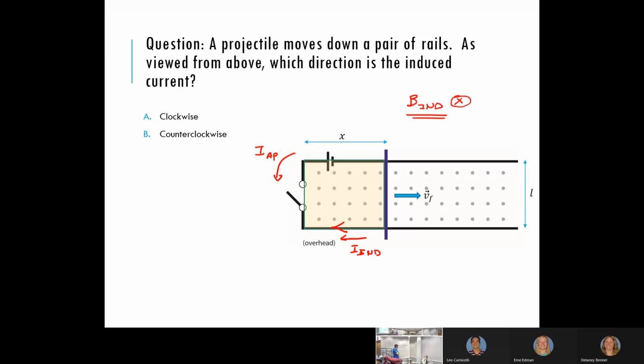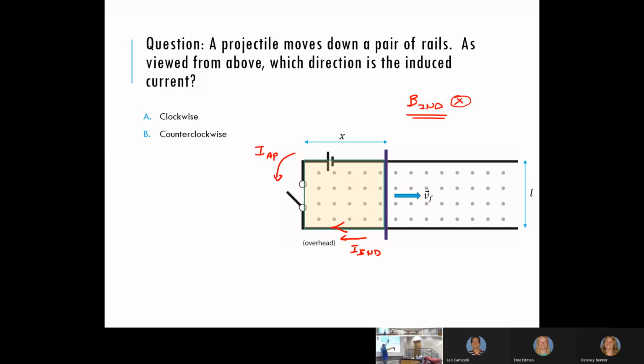Let's check it. For the force, we need the direction of the current. That's our fingers. Right, the direction of the induced current. Through this part, you could think of the induced current as going down.